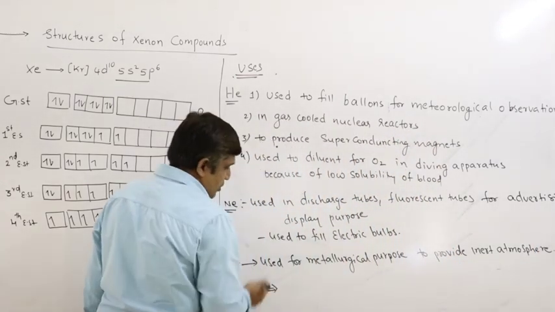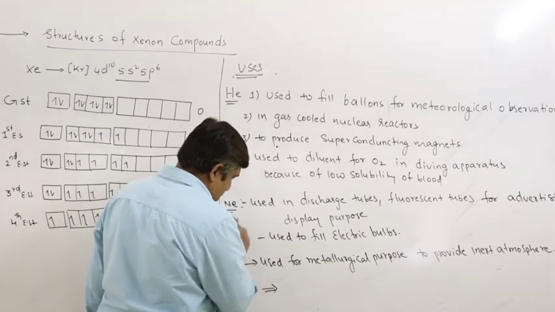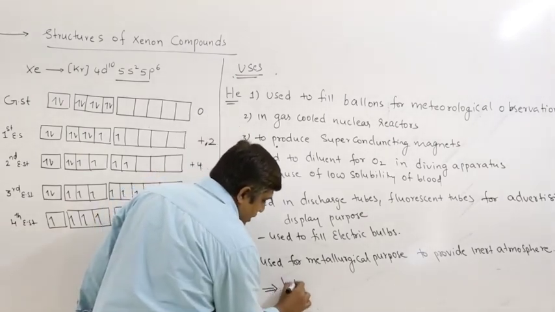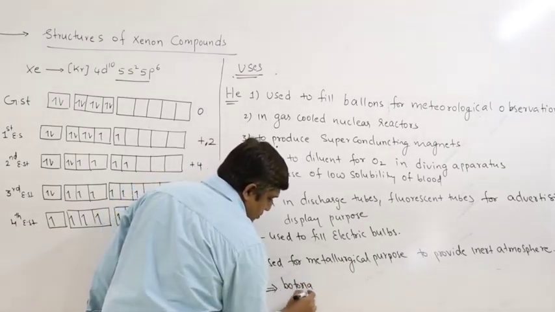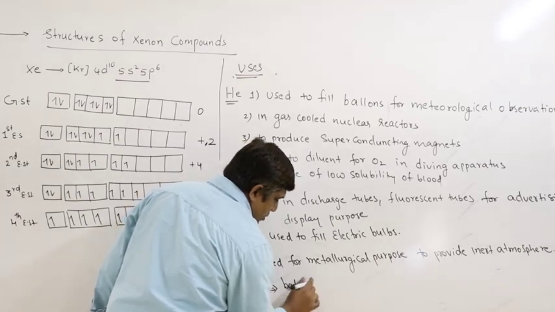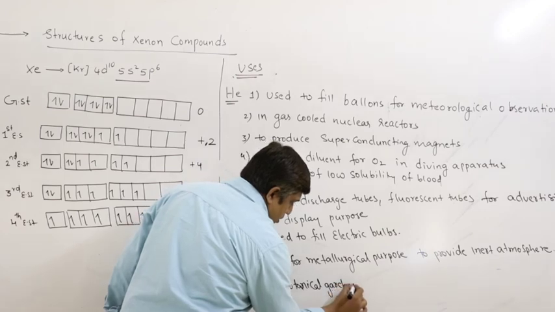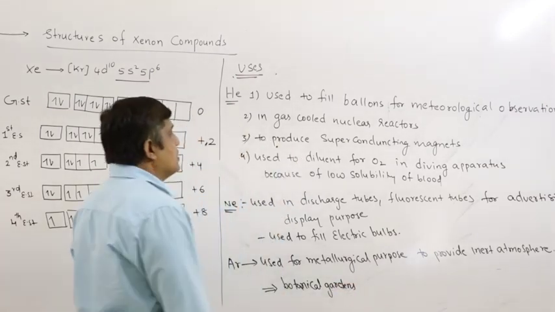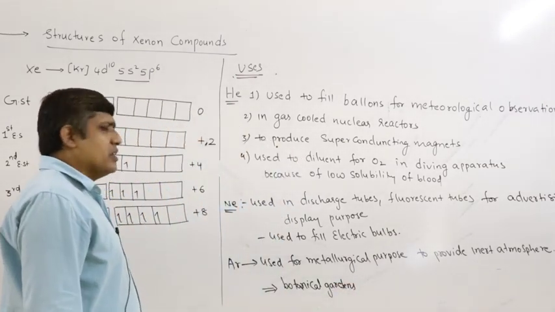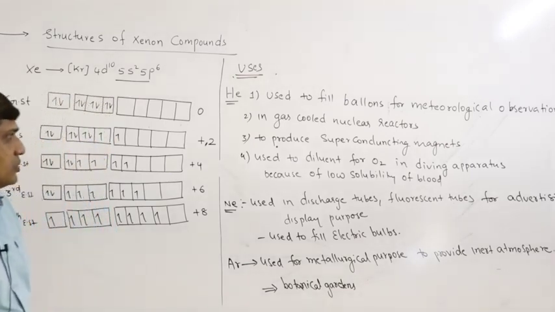Mostly helium, neon, argon gases, particularly neon and argon, are used in botanical gardens. These are some uses. Krypton and xenon have no significant uses.